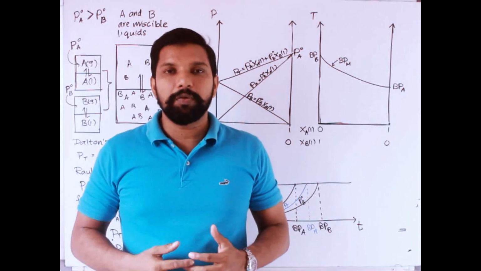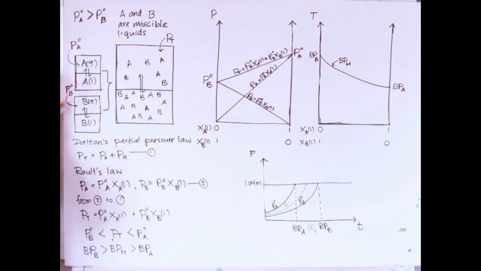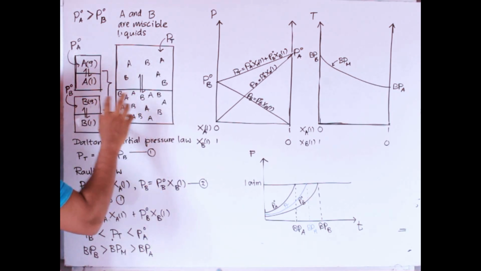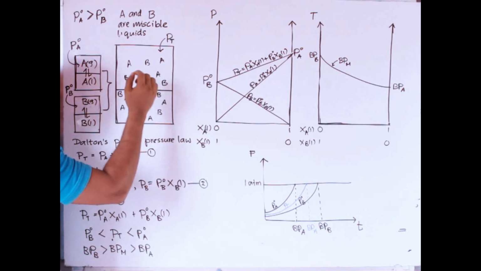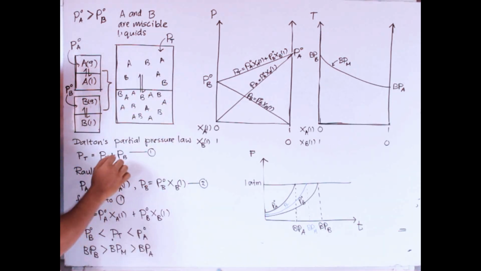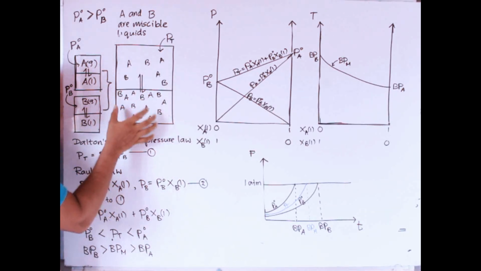Let's have a quick review on Raoult's law of a binary solution. Here are two miscible liquids which are volatile and have their saturated vapor pressures under the same temperature, A: P0 A, B: P0 B. You remember when these two liquids are mixed, due to the mixing, the number of particles which can evaporate per unit area of the surface is going to decrease for each substance.